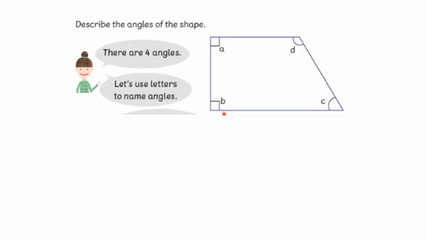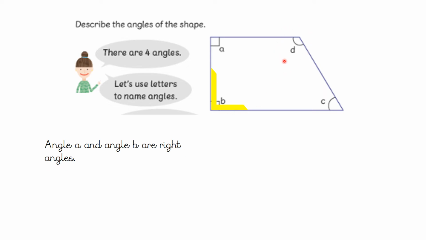Angle A and angle B are right angles. And I can use my right angle measure to check this. It fits perfectly into angle A and perfectly into angle B. So we were correct. They are both right angles.